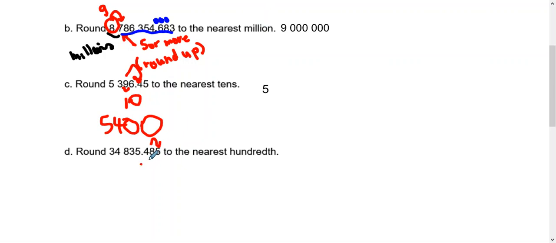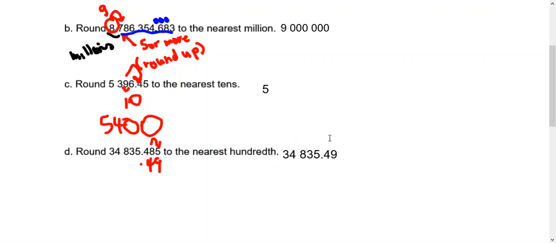So this would become 0.49 down here. If I was typing out this number, this would be 34835 decimal 49.